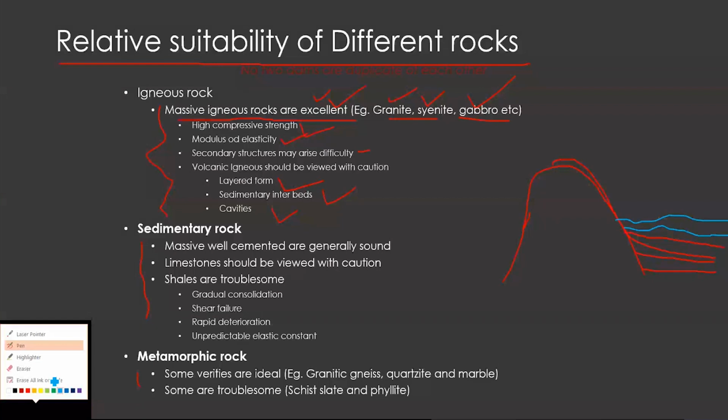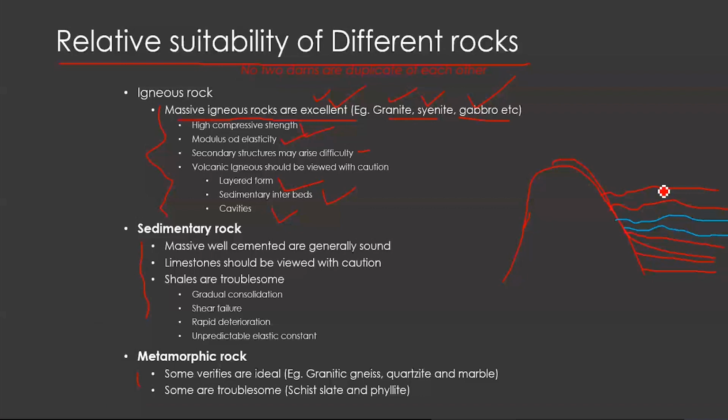So when I consider the construction of a dam here, on the top is the volcanic igneous rock. I may consider this safe for construction, but immediately below it we have a sedimentary rock that may not have the same strength as the volcanic rock. We call this kind of bed an intertrappean bed in the case of the Deccan trap eruption.